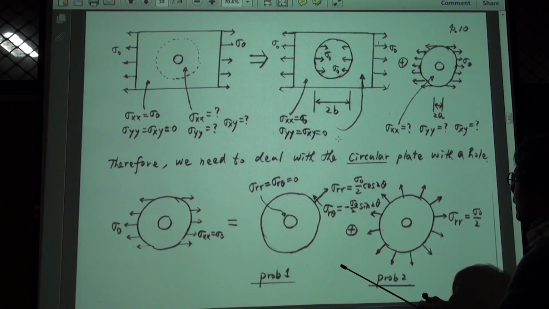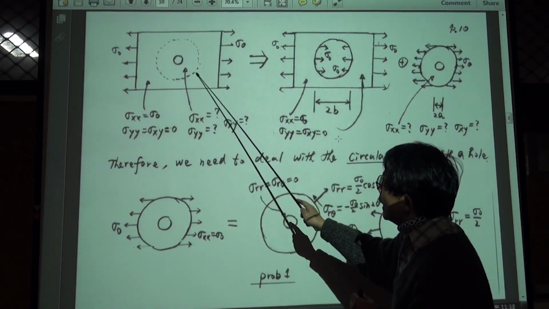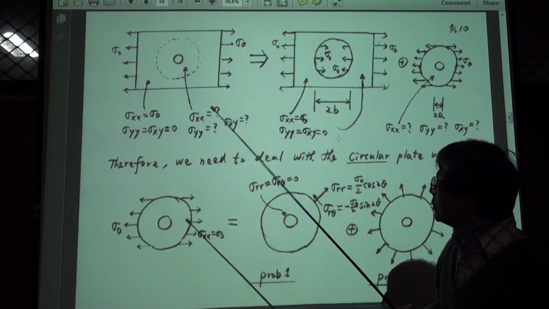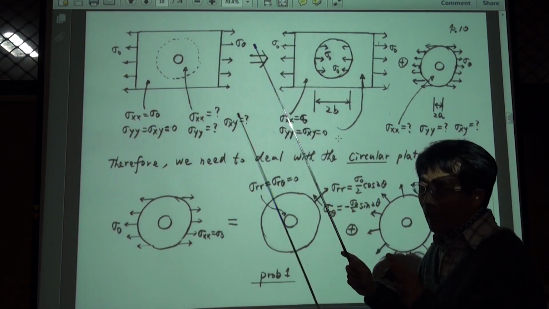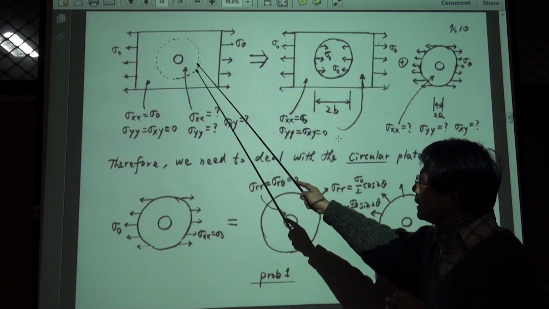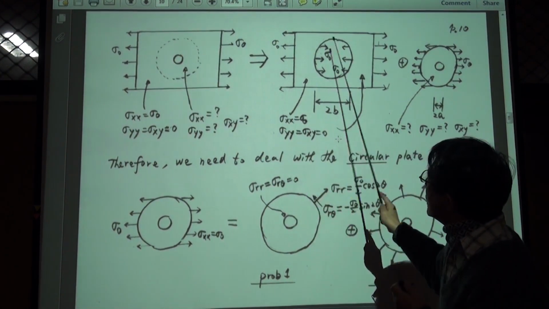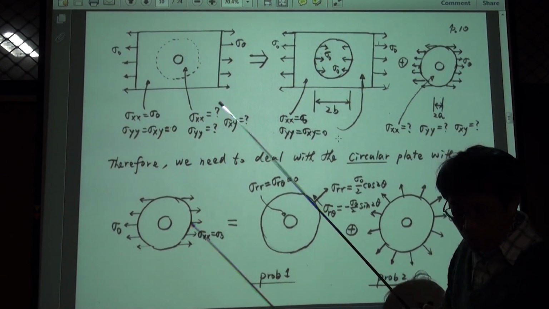Now we want to decompose this problem into two problems once again. This is another decomposition. It takes this plate into this one and this one. This is a circular plate with a small hole.